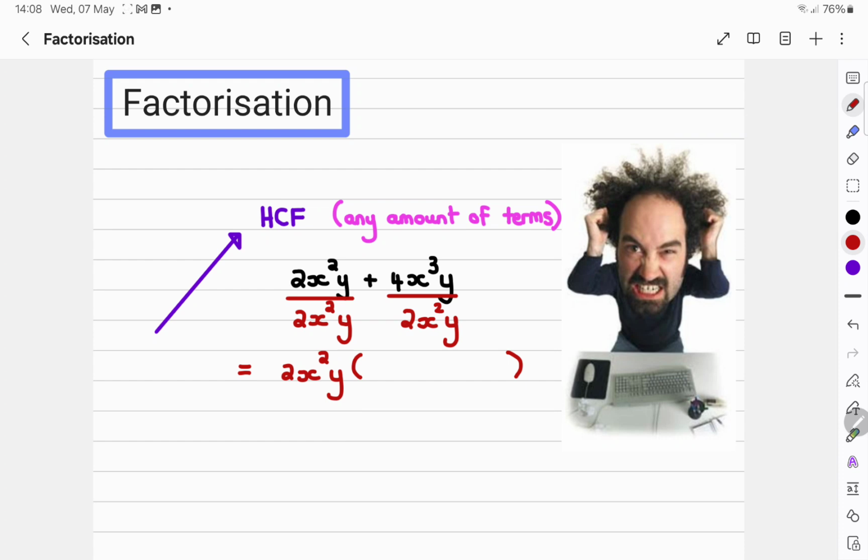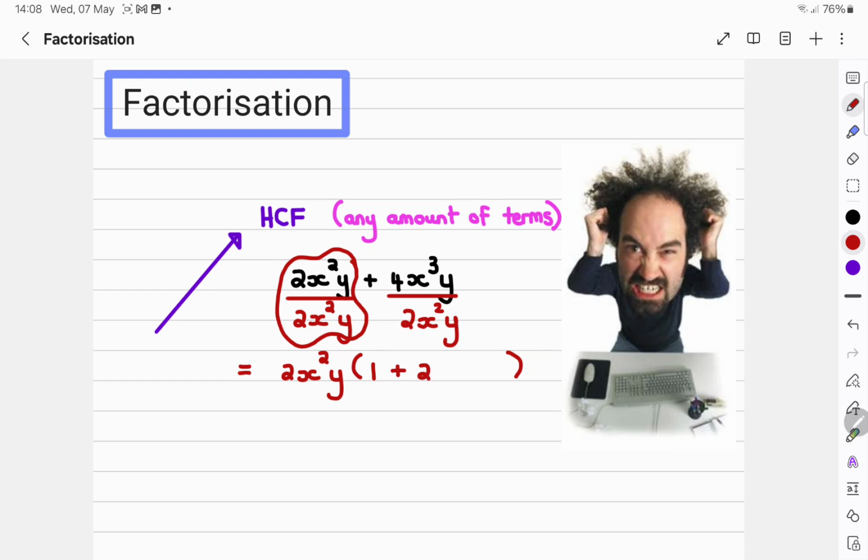Now we're going to divide both of those terms by 2x squared y. If everything gets divided by the same something, remember the answer that's left is 1. For the next term, 4 divided by 2 is 2.